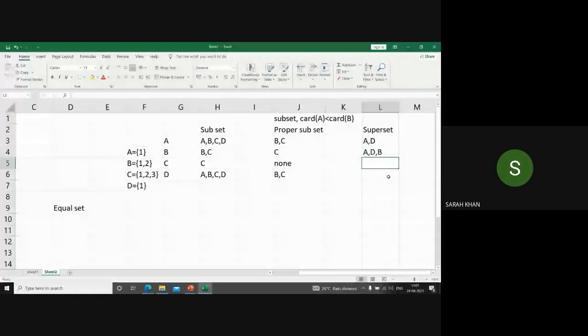A, B, C, D. I am talking about superset. When you go for the proper superset, you will exclude that set itself from this.